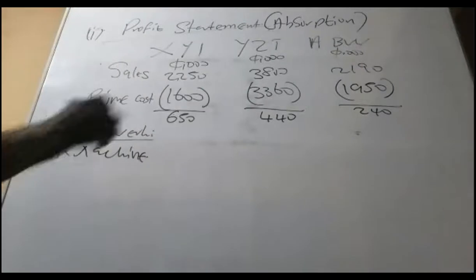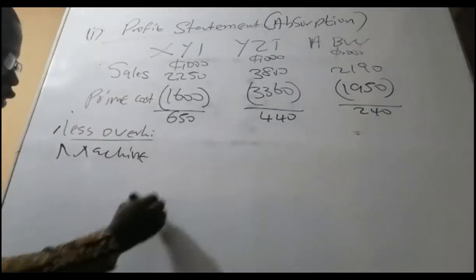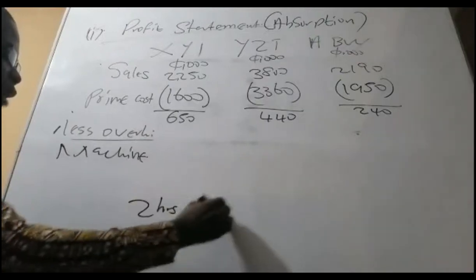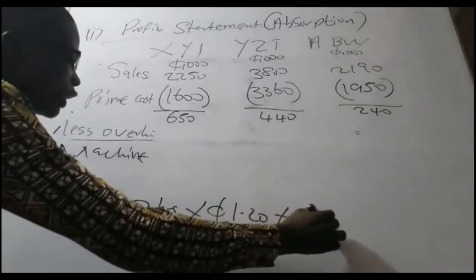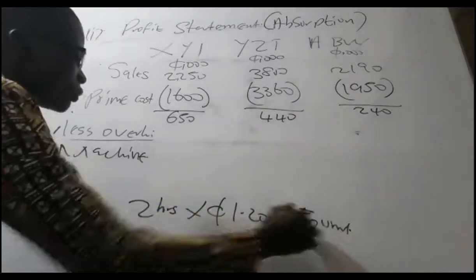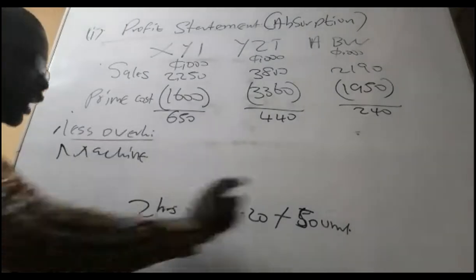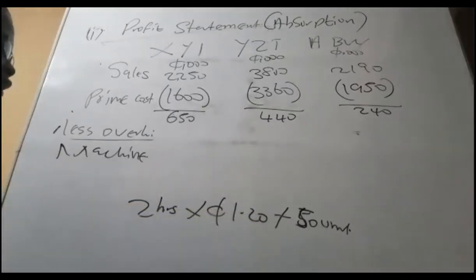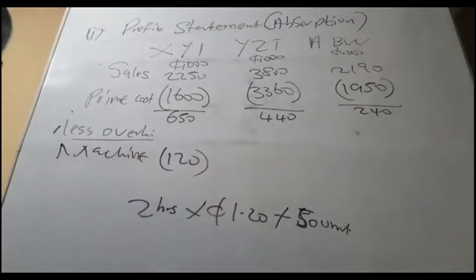Okay, so we said that for the first product it will be 2 hours times 1.2 times 50 units. 2 by 50, that's 100. By 1.2, so that's 120. I'll put it in bracket. I'll go and pick the next one.